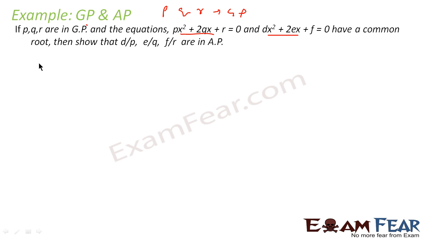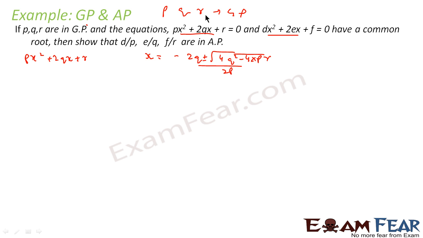So let's first find the root of this equation, px square plus 2qx plus r. The root is x equal to minus b, that is minus 2q, plus minus root of b square, that is 4q square, minus 4ac, that is 4pr, all divided by 2a, that is 2p.